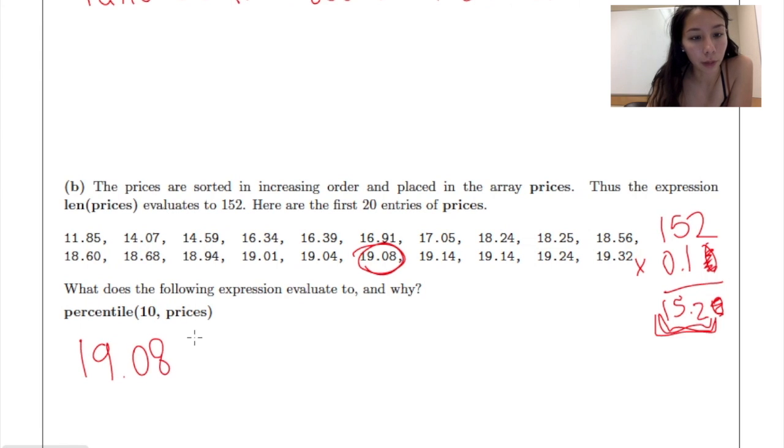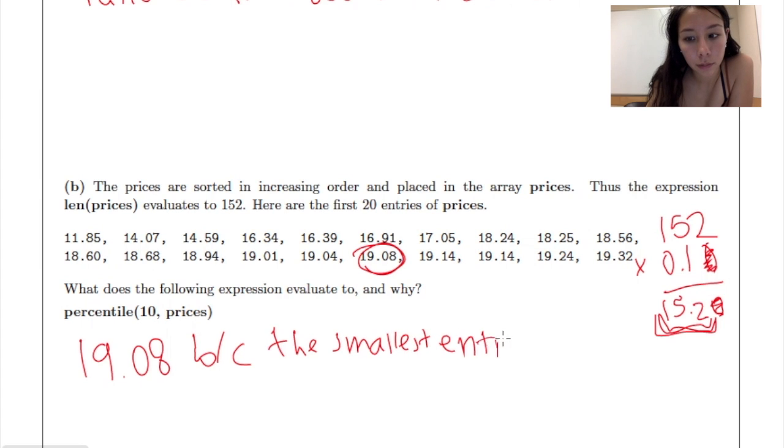Because we're looking for the percentile, which is the smallest entry that is at least 10% of the array.